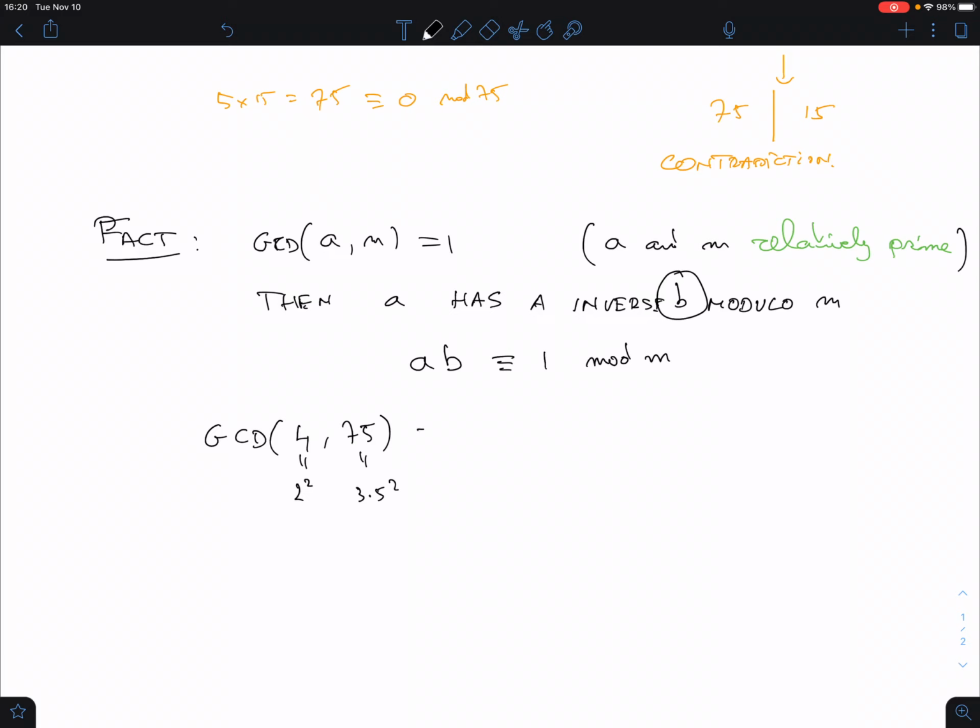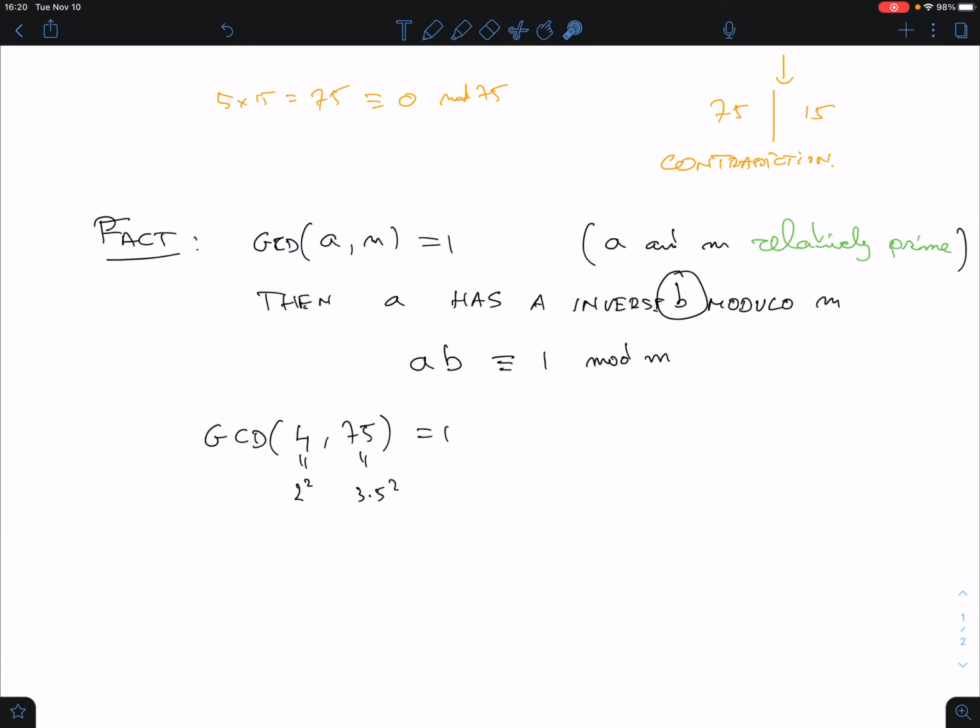They are relatively prime, so this GCD is 1. Remember how you did the GCDs: for every prime, you look at the lowest power that occurs in both. Since they don't have anything in common, it's all going to be power 0, so the whole thing is going to be 1. So this is true, and we know such a B exists.